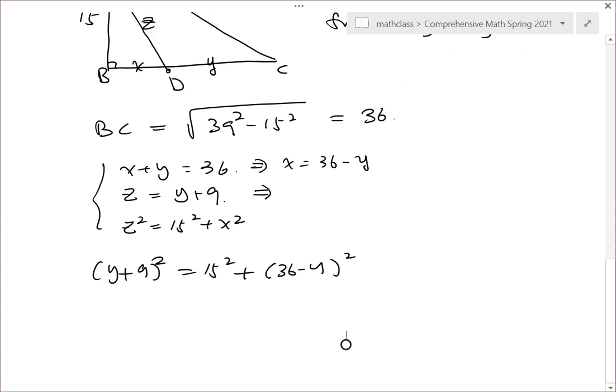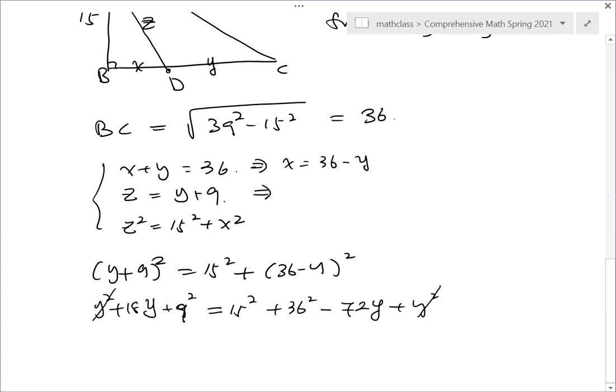All right. So let's try. Y squared plus 18y plus 9 squared. And here's 15 squared plus 36 squared minus the double, 72y, plus y squared. So y squared is gone.